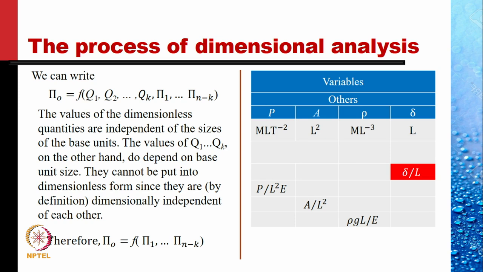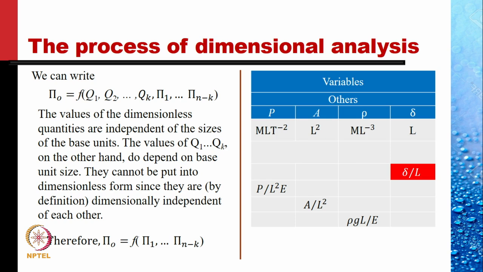So, if out of n basic quantities, independent parameters, we need k to form the basic group, then n minus k pi's would be formed. N minus k non-dimensional groups of parameters would be formed.